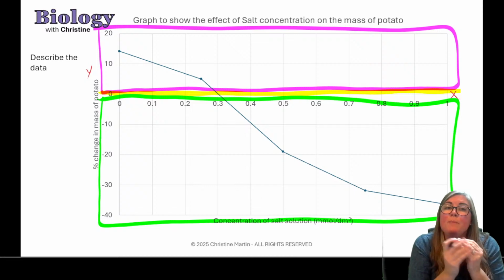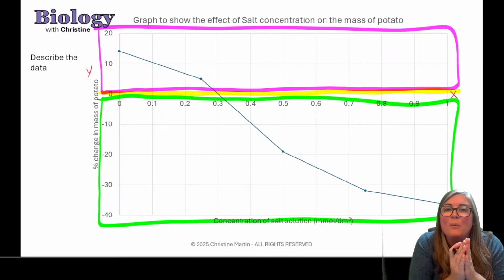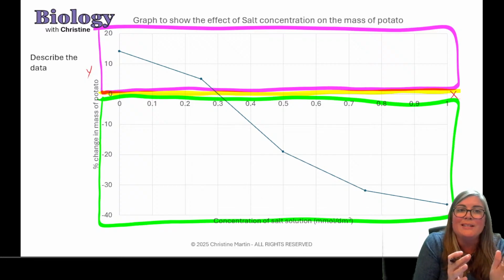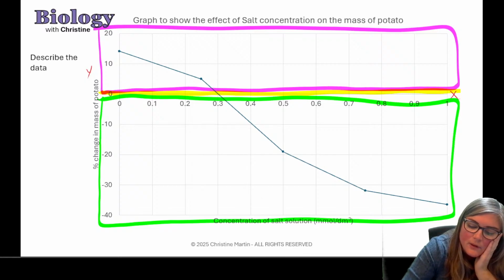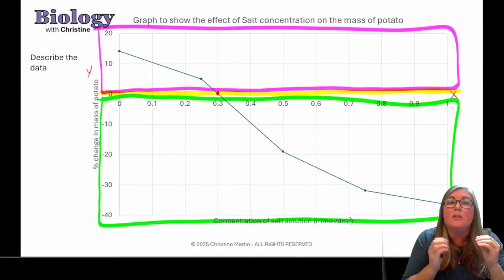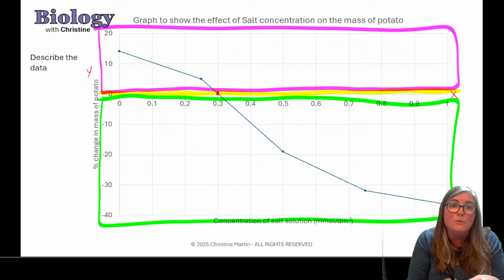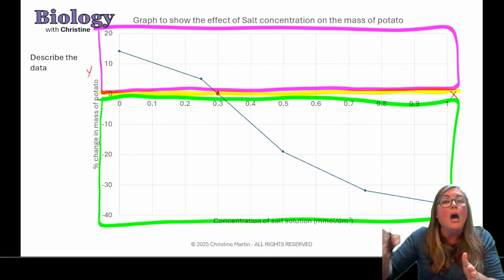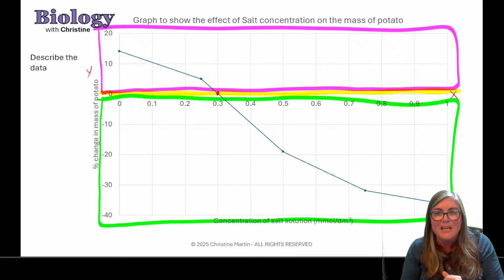Describing the data would be where you're saying that between 0 and 0.3, the percentage change of mass of my potato has increased. From 0.3 up to 1, the percentage change in mass has decreased.